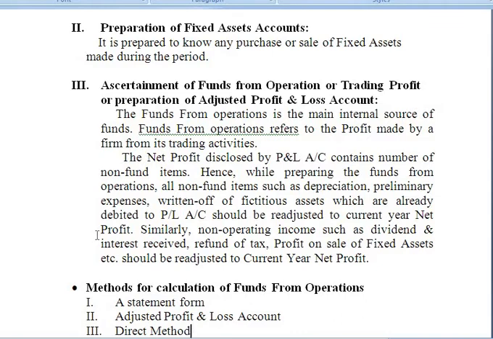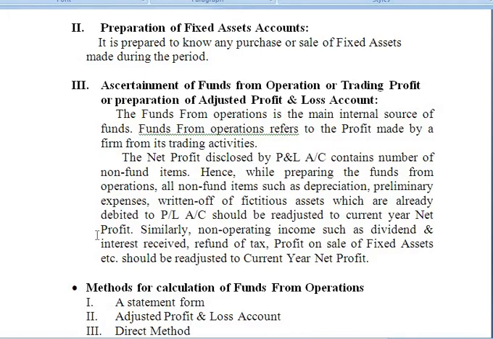Why? Because along with operating income and operating expenses, we take into consideration non-operating expenses as well as non-operating income. So the overall profit earned by the firm we can get to know with the help of preparation of income statement, that is preparation of profit and loss account.